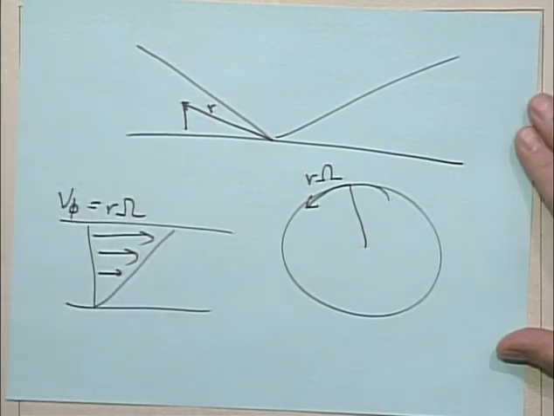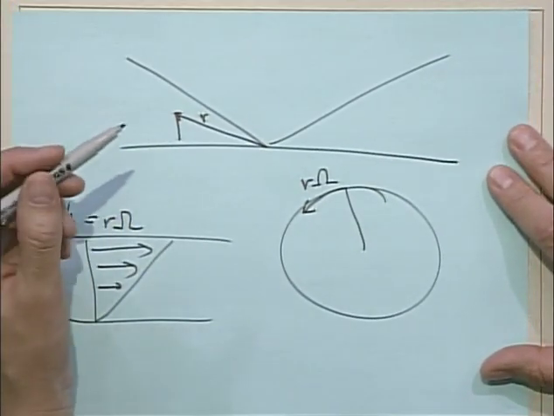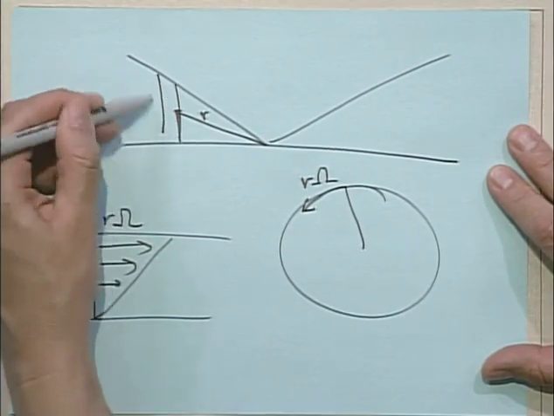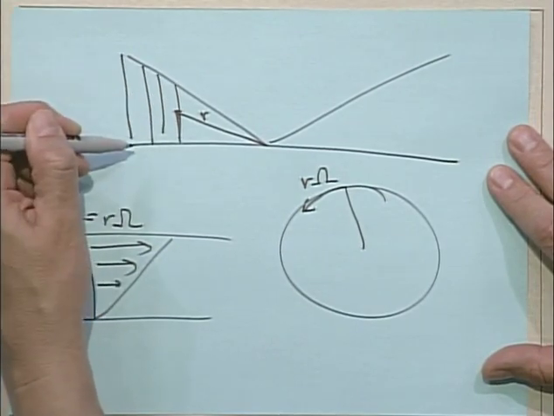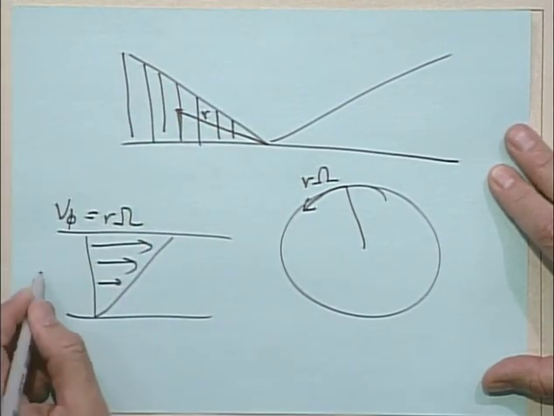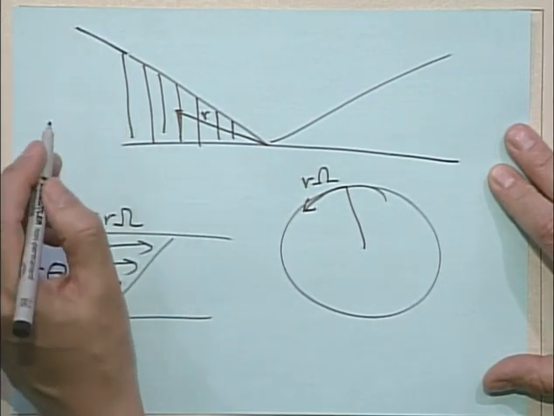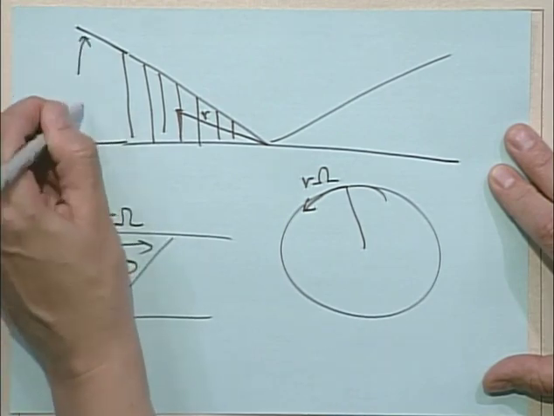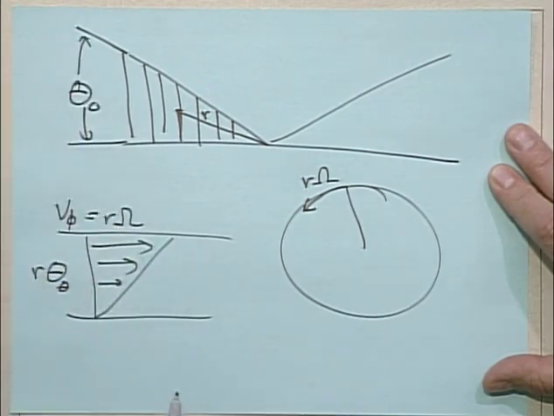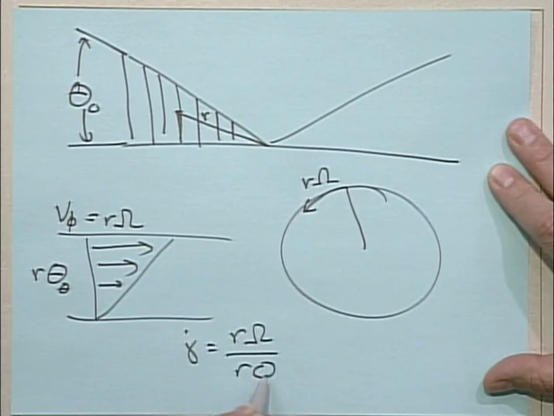Back in the parallel plate, the gap is always the same gap, h, 1 millimeter, whatever you chose for the gap. But in the case of the cone and plate, this gap is varying with r as well. Because this gap is varying with r, you can do the geometry. It turns out that this gap is r theta naught, where theta naught is this angle. So when you get the shear rate, you get r omega over r theta naught, and you get a constant.